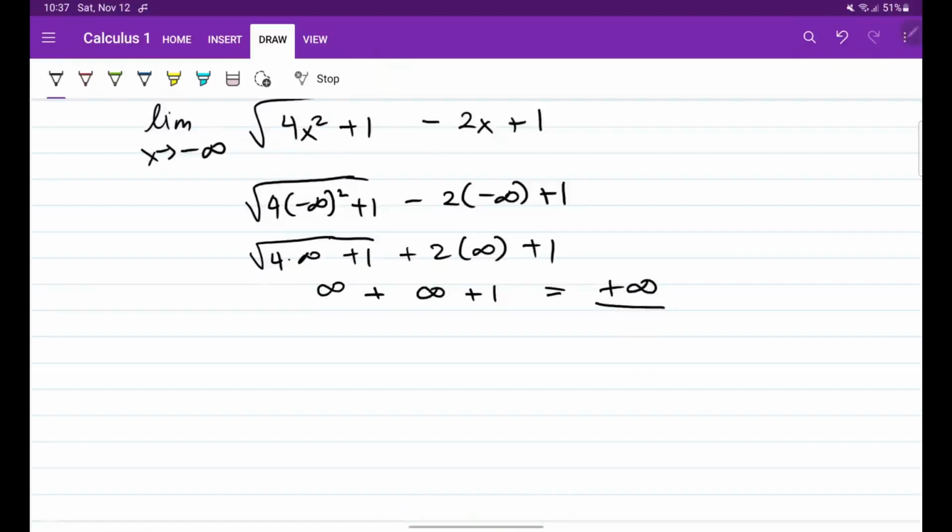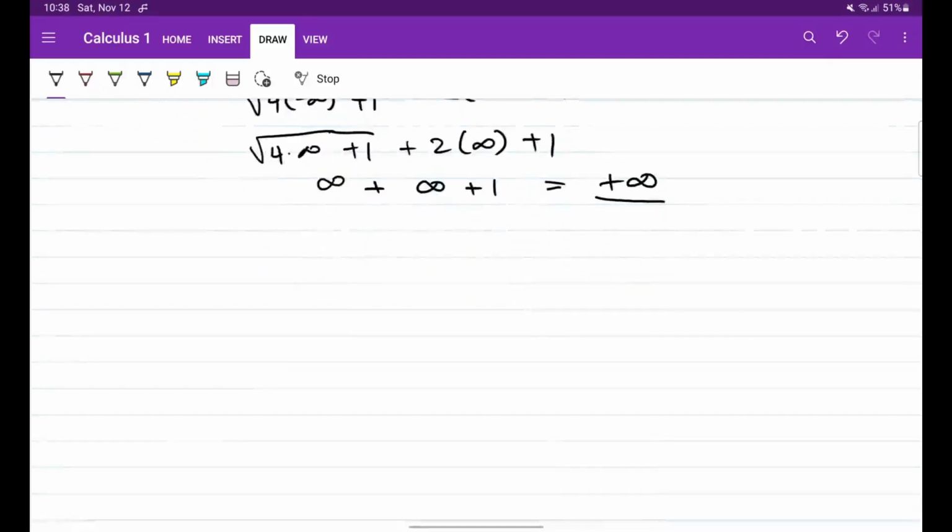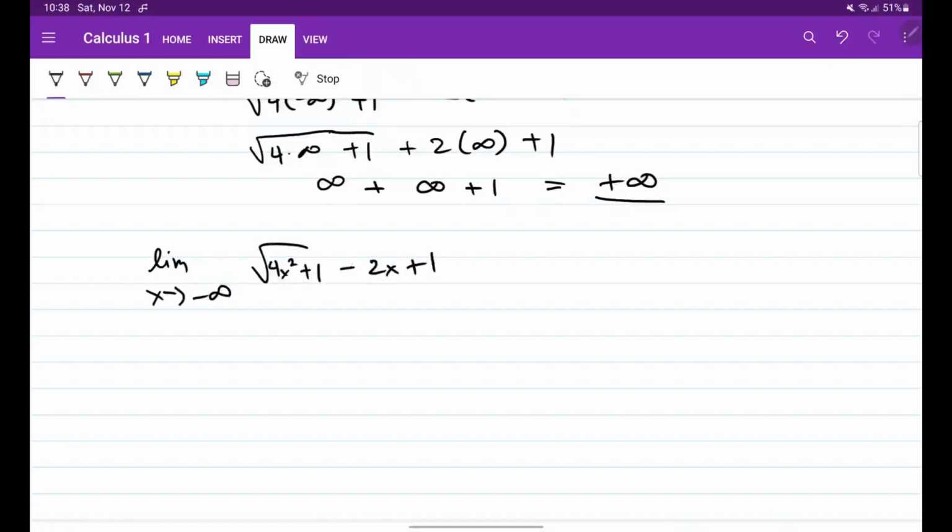But the thing is, I want to show you the method using what we've been saying: to factor, to simplify, to multiply by the conjugate. So let's try to do that. The limit as x approaches negative infinity of square root of 4x squared plus 1 minus 2x plus 1. We use the conjugate again when we have square roots, and in this case, we have a square root.